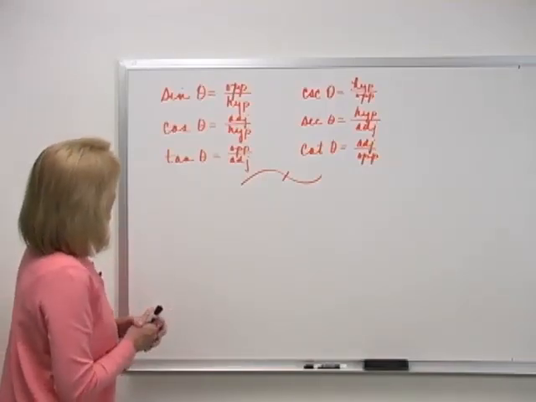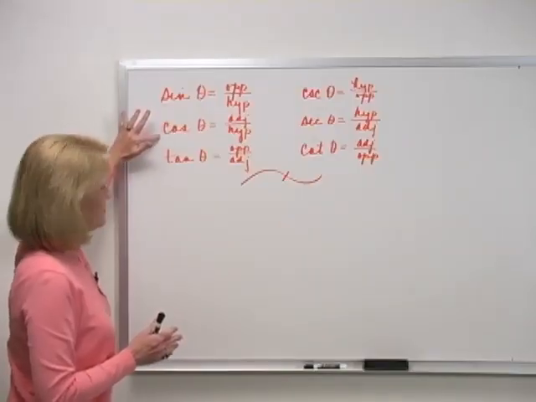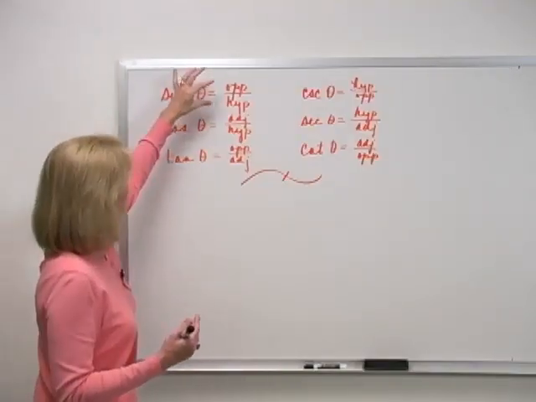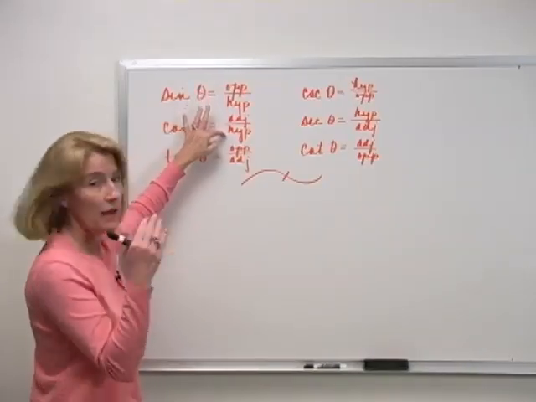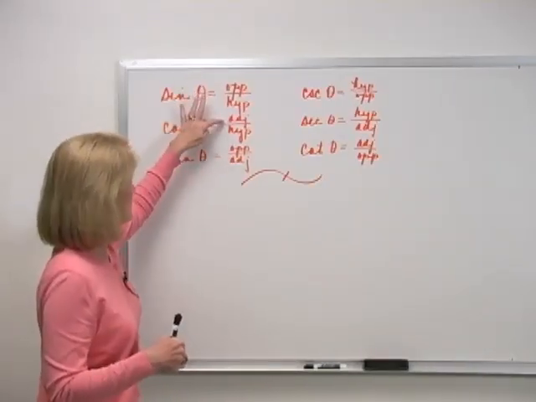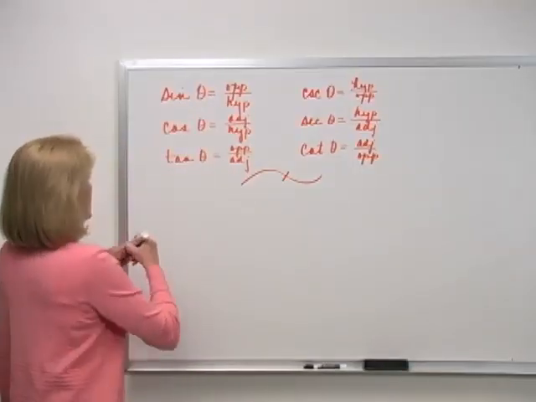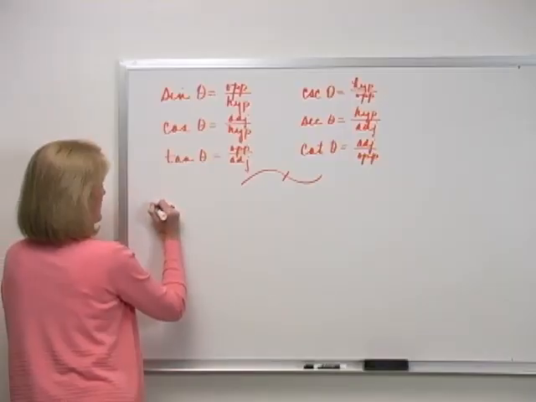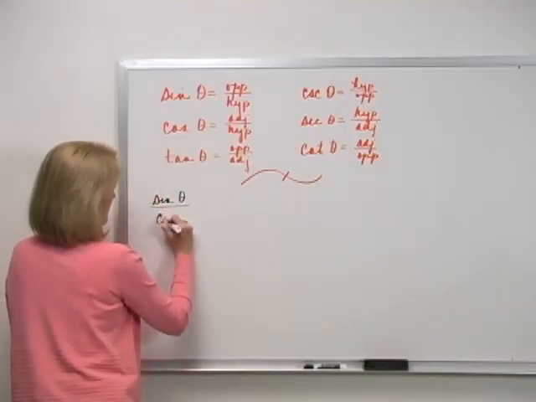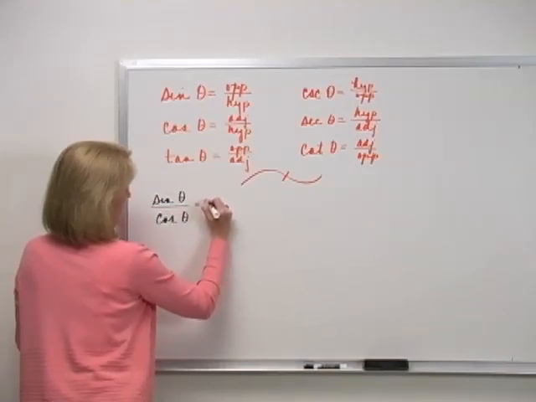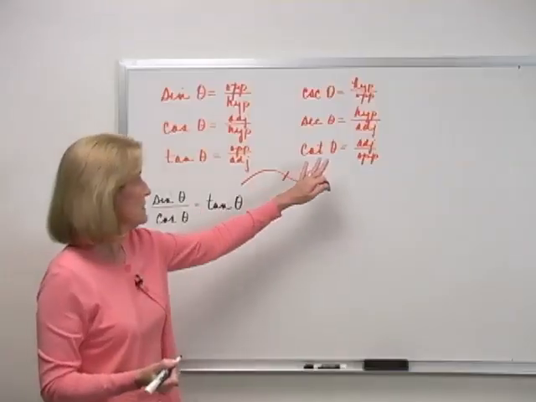Well, first of all, I noticed that sine divided by cosine would be this expression divided by this one, and if you simplified it, hypotenuse and hypotenuse would cancel, and you'd end up with opposite over adjacent, which is tangent. So we say that the sine of theta divided by the cosine of theta is equal to the tangent of theta.